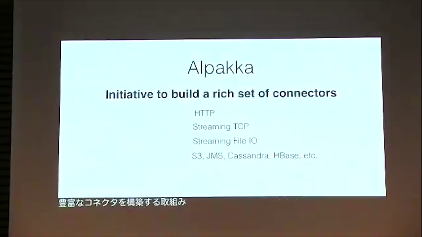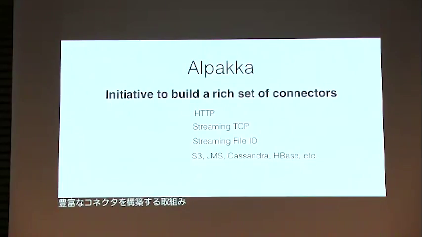And I'd like to mention also the Alpakka initiative. The Akka team announced around half a year ago, I guess, an initiative to gather as many connectors as possible. This means it's some kind of call to create more connector libraries for different kinds of technologies.